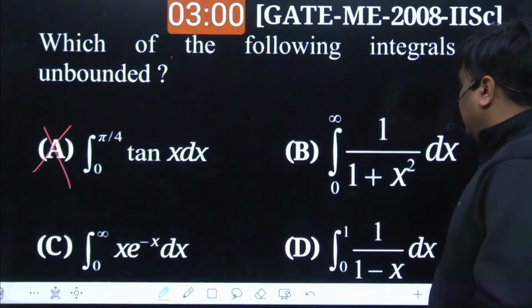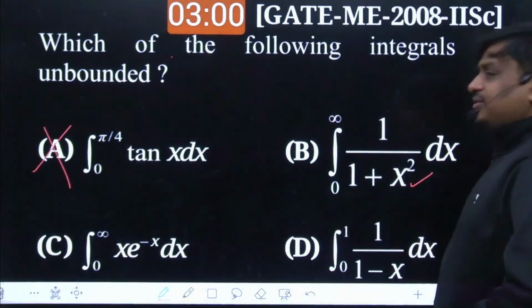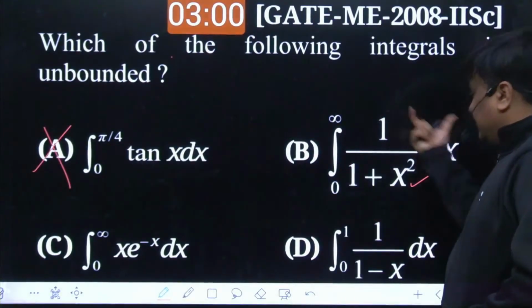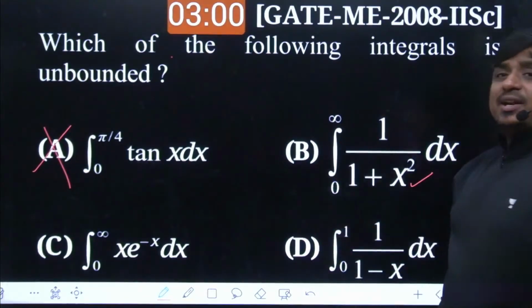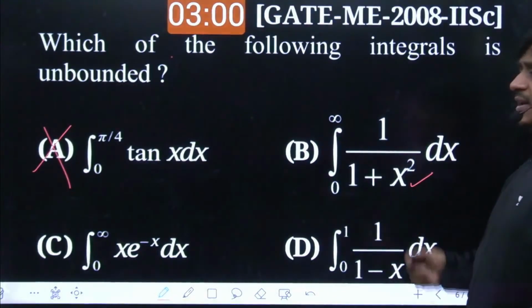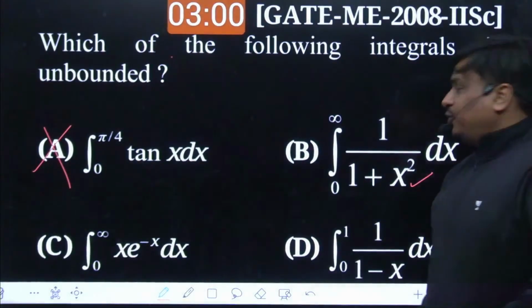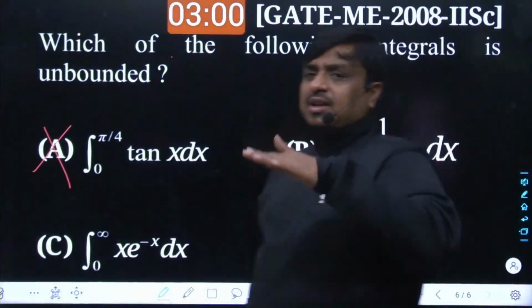This has been discarded. Now 1 divided by 1 plus x square. What happens if the value of x increases from 0 to 1 to 2, 3, 4? Obviously this function as a whole decreases, because the denominator keeps increasing, and the same goes for negative values of x as well. If you start at x equals minus 1, minus 2, minus 3, again this function keeps decreasing. So as far as the area under the curve from 0 to infinity is concerned, the function is continuously decaying.